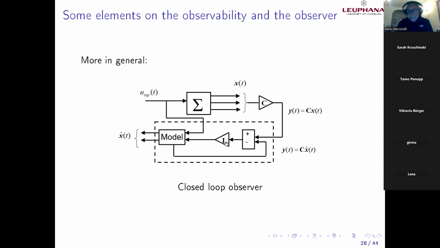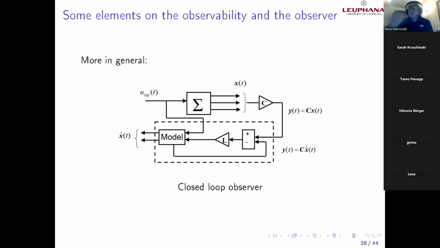I will calculate L in order to observe X, everything in X, even though I don't measure all of it, assuming that the system is observable using the C sensor.